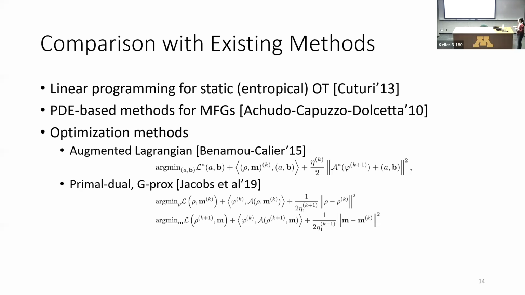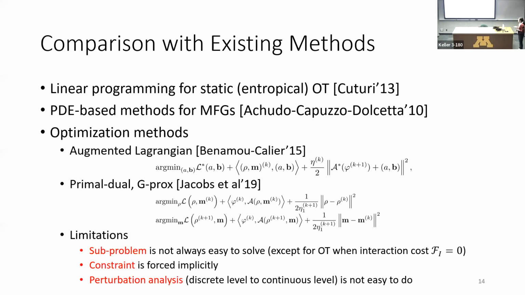But if this L is very complicated, this sub-problem can be very complicated to solve, and you need to solve another layer of optimization problem in your algorithm, and that's not very efficient. And for these two methods, the constraints are imposed implicitly.